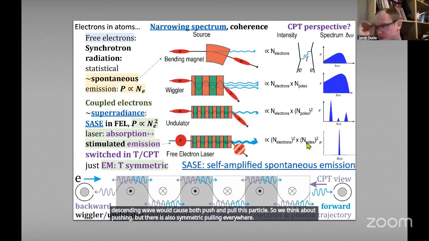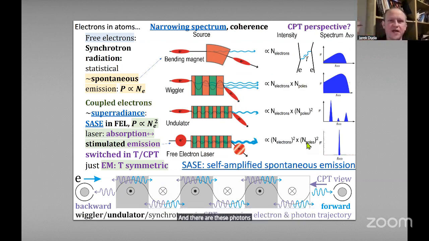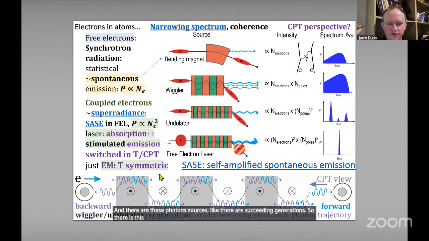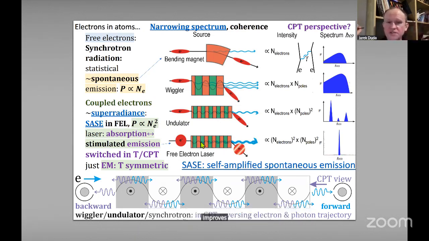And there are these synchrotron sources, these succeeding generations. So there is the synchrotron, wiggler, undulator, finally the free electron laser, and the free electron laser finally gets superradiance. So actually, the number of electrons improves the synchronization, the luminosity. So also the spectrum is much wider.